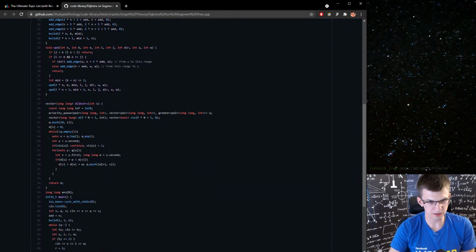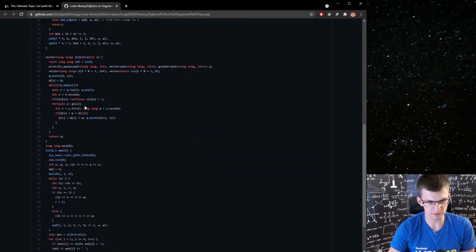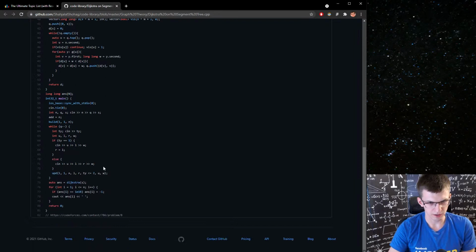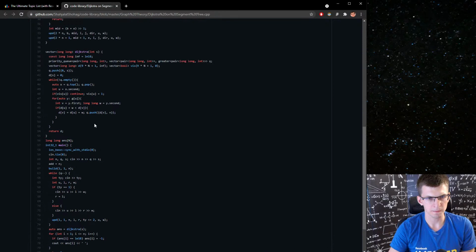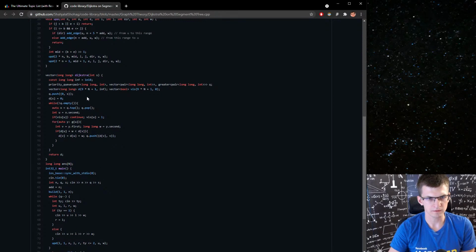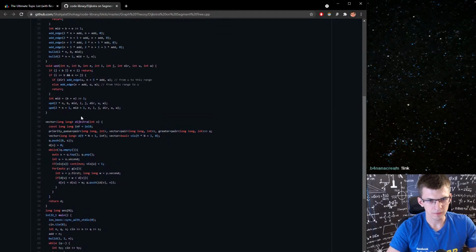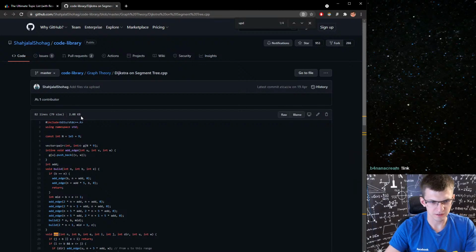Because this can be done in a single logarithm, not in log squared. But by default, the editorial describes log squared. Right, this seems to be a standard Dijkstra. What's going on? Where do we run update?